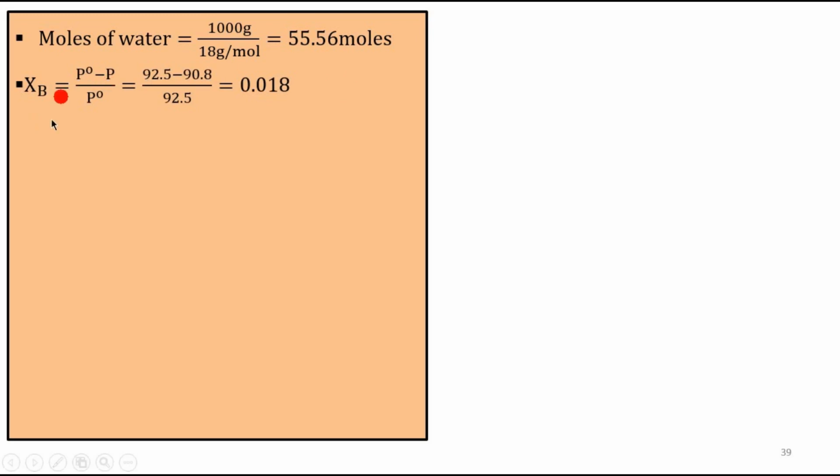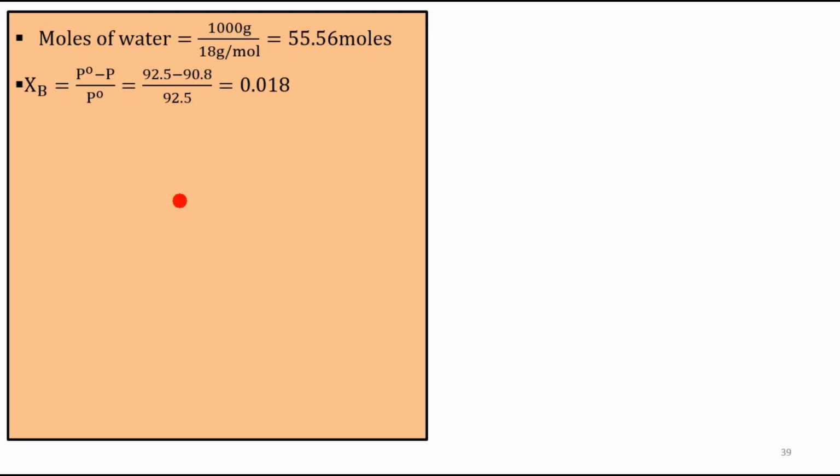Let's see how we solve the equation. So you can find the moles of water, which is the solvent. We have this amount of moles. Then we have the mole fraction of the solid, which is equal to P naught minus P over P naught. What is the mole fraction of solid?